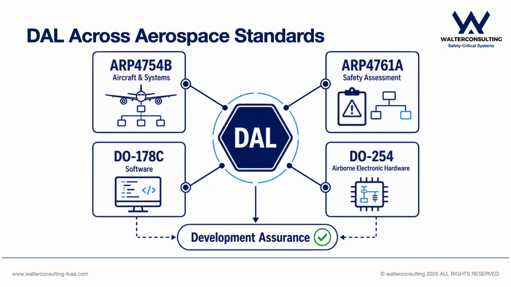DO 178C applies software assurance objectives according to the assigned level. DO 254 follows a similar approach for airborne electronic hardware. Although each document focuses on a different engineering discipline, they all use development assurance levels to establish the appropriate level of development rigor. The obvious question now becomes, how is a DAL actually assigned?